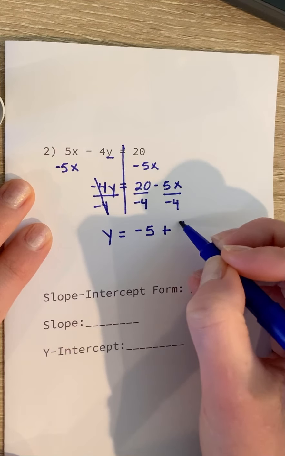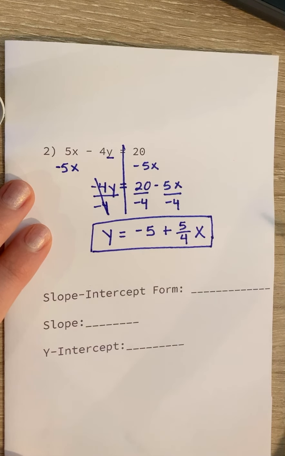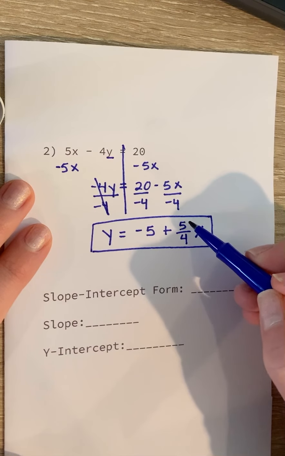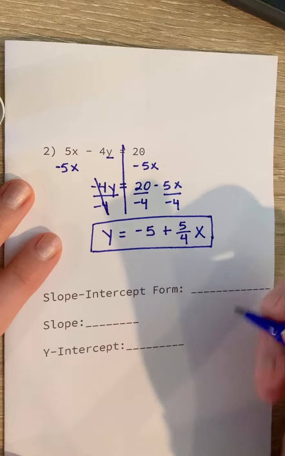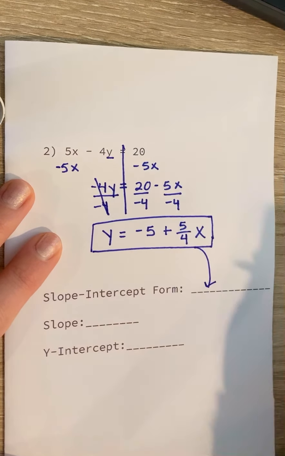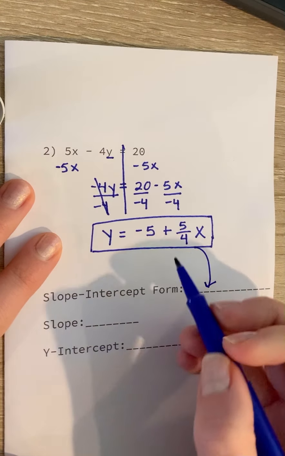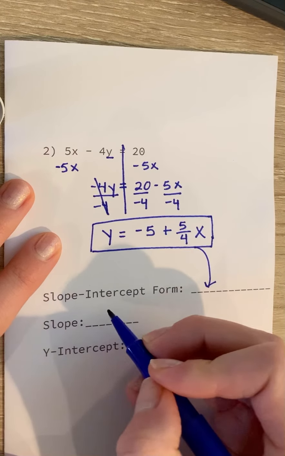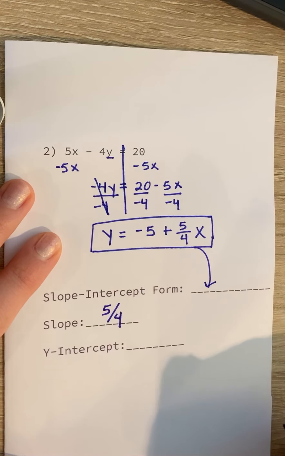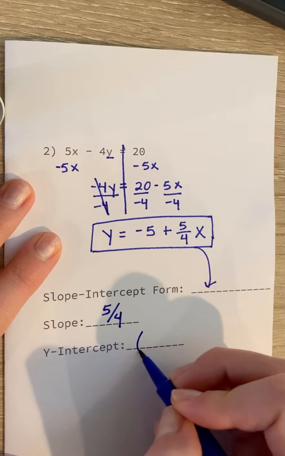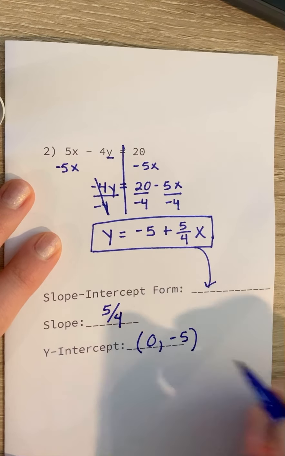I'd like you to leave it as a fraction if it reduces to a decimal. Fractions are a lot easier to deal with when we are looking at slope, because then you can see your rise and you can see your run. Okay, so I have 5/4 as my slope, and my y-intercept is going to be (0, -5).